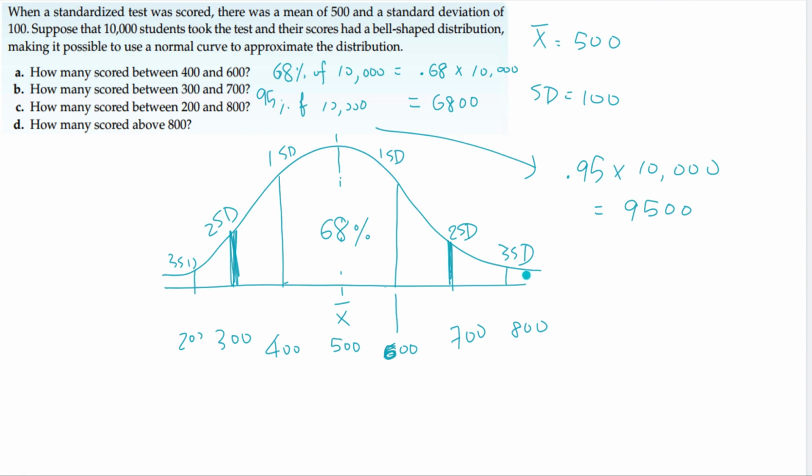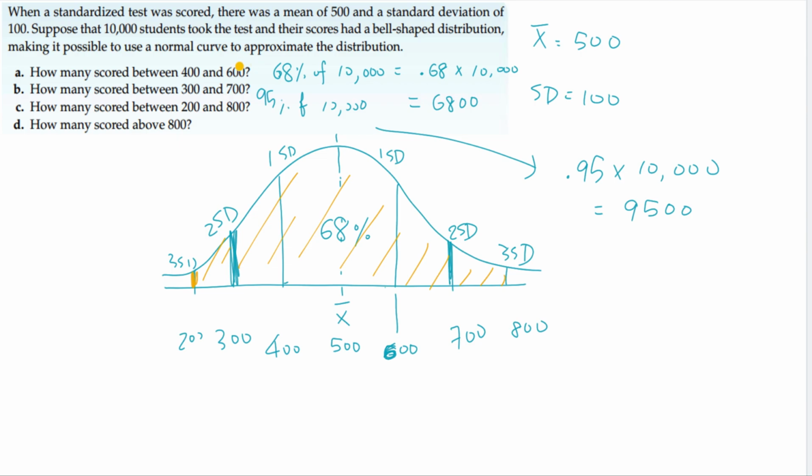Moving from here, 500 plus 300 is 800, or 500 minus 300 is 200. So this part, let me use a different color for you, from here all the way to there is the number of students who lie within 3 standard deviations.